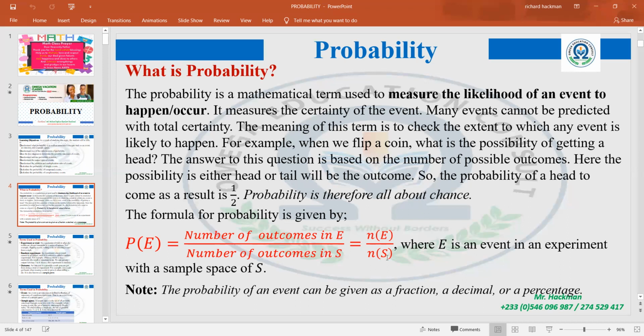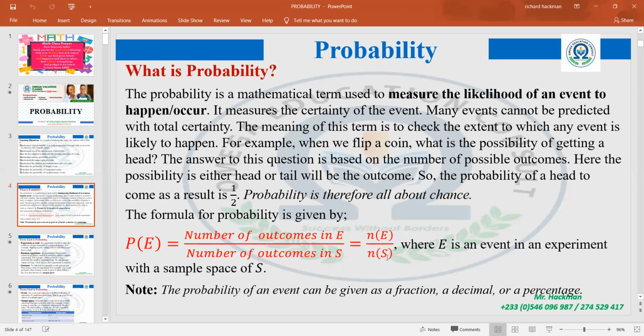In math, any letter used must be defined. When you introduce letters, you have to define your letter, because a letter, if not defined, could have another meaning. Once you define it, you've restricted its meaning and made it more specific. You should also note that the probability of any event can be a fraction, a decimal, or a percentage.